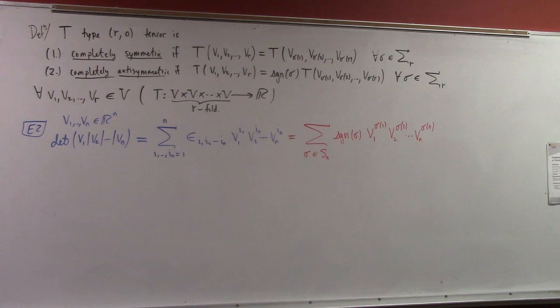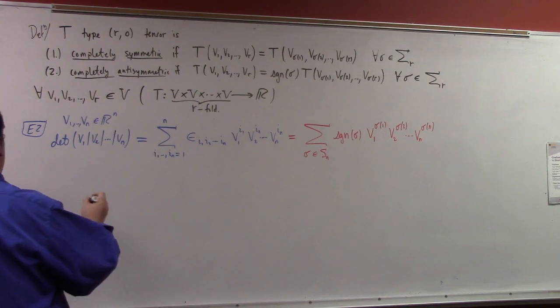Okay. So I give a definition on page 193 where I just define the wedge product of p dual vectors. So we'll go with that.